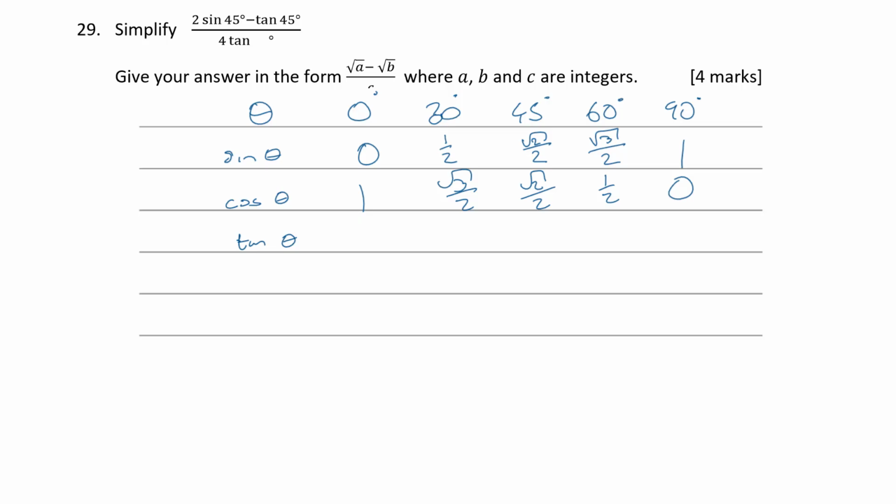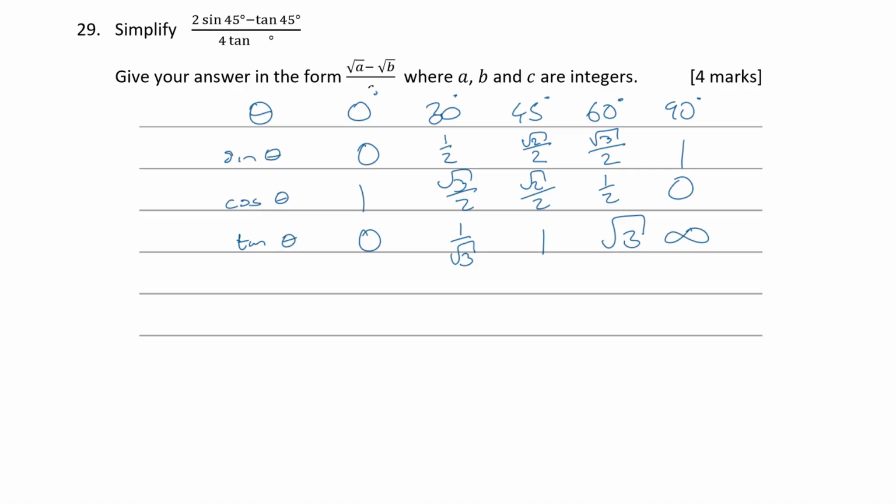So 0 divided by 1 is 0. Half divided by root 3 over 2 is 1 over root 3. Root 2 over 2 divided by root 2 over 2 is 1. Root 3 over 2 divided by a half is root 3. And 1 divided by 0 is infinity.